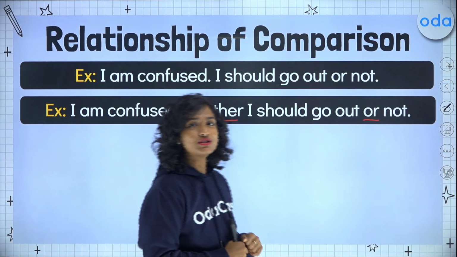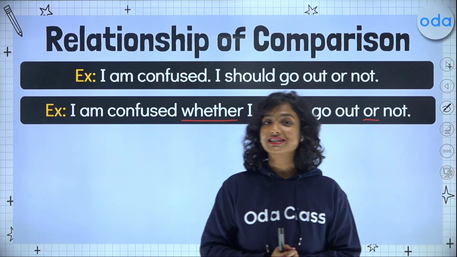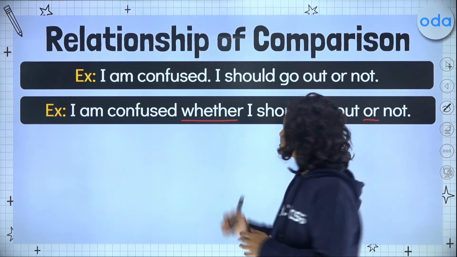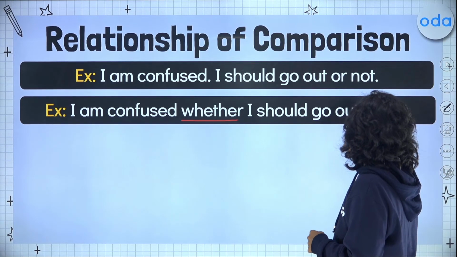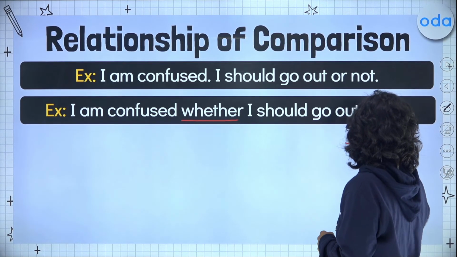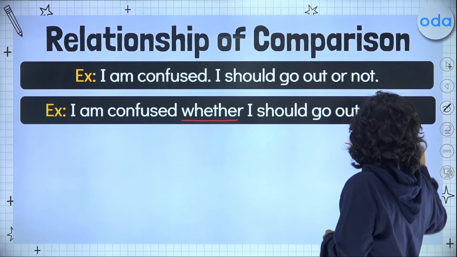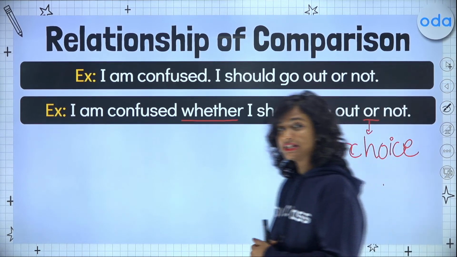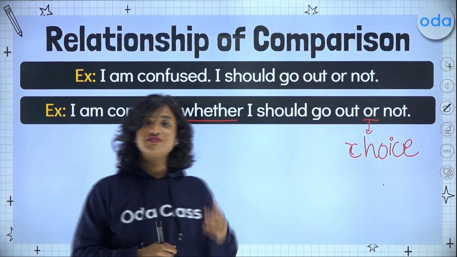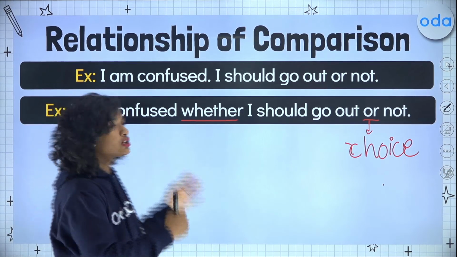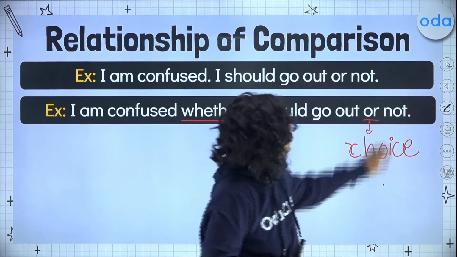This one, if you all remember, is our coordinating conjunction, which is used to show a choice or an option. So in this particular sentence, we are actually using two different conjunctions, which forms a complex sentence.